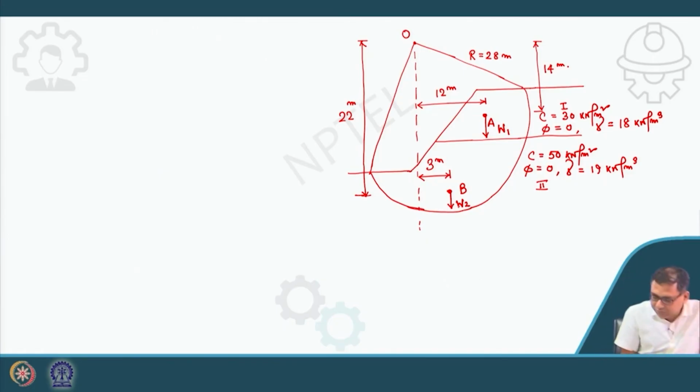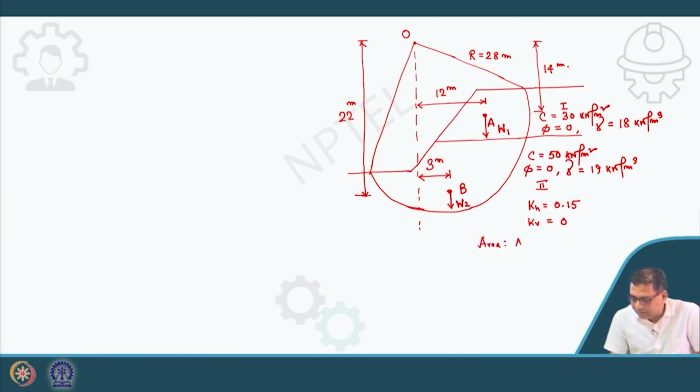Now our KH is taken as 0.15 and KV is taken as 0, but you can consider the KV value also. And what values are given? The area for A is 165 meter square.